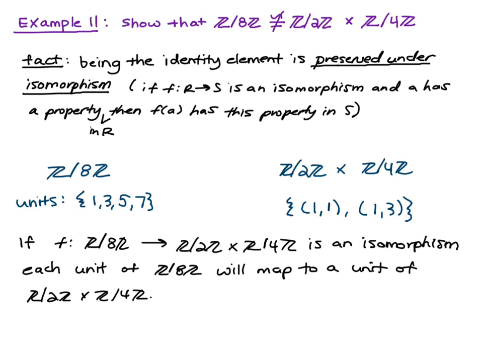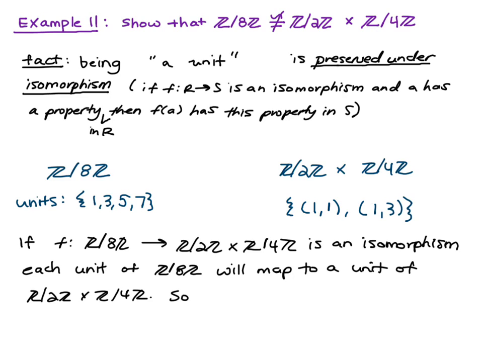And as I finish, I noticed that if we look up in the fact of what we're using, being the identity element is preserved under isomorphism, I want to replace this with being a unit. That's what should have been there in the first place, so being a unit. Okie dokie. And so I think that's all we have to say here. We can write one more note.